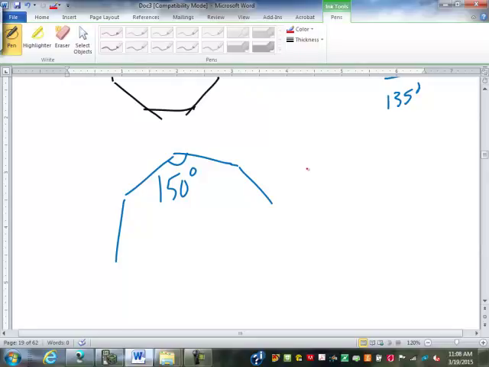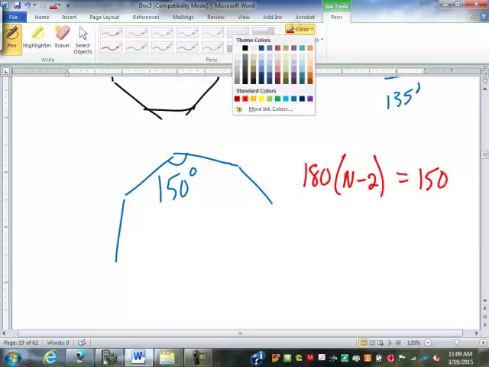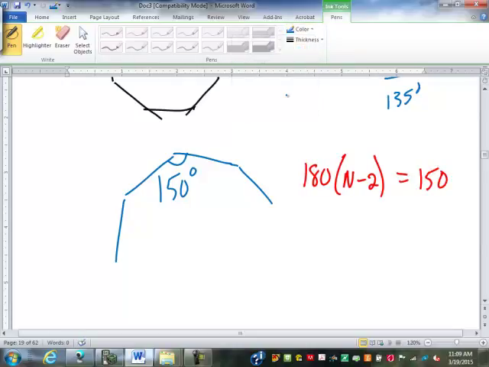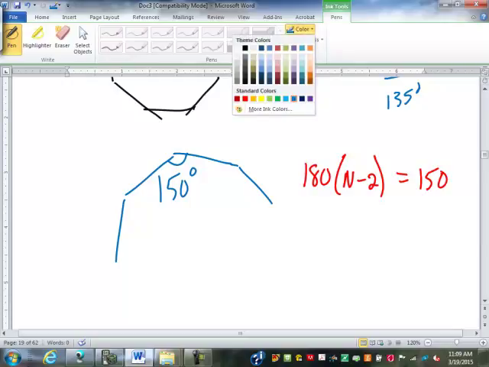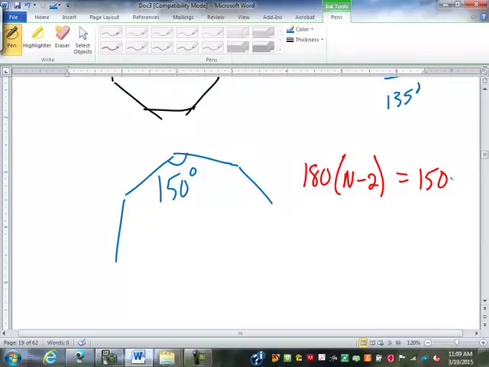Well, it's just algebra. It's 180 times n minus 2 has to equal 150. Solve for n. Oops, sorry, not 150, but equals 150 times n, I should say, because it's 150 times the number of angles.